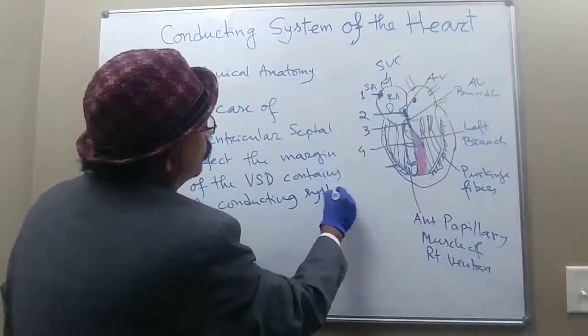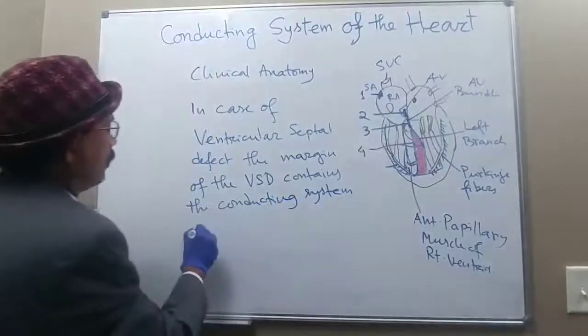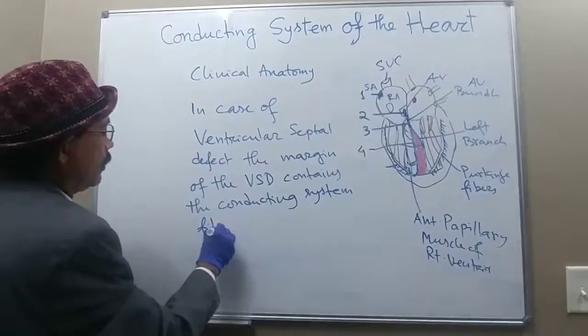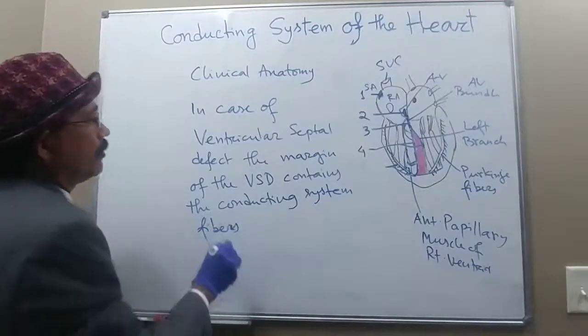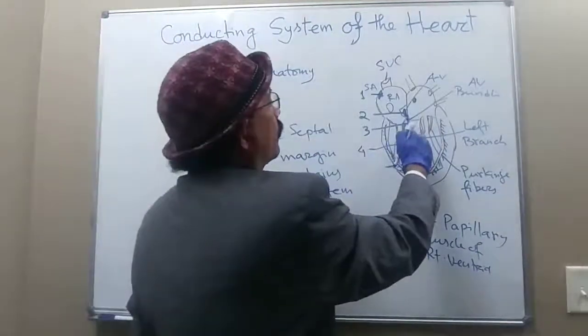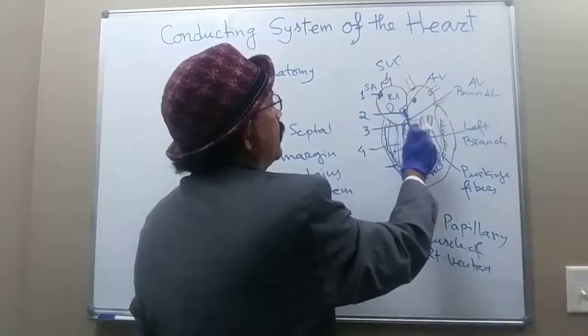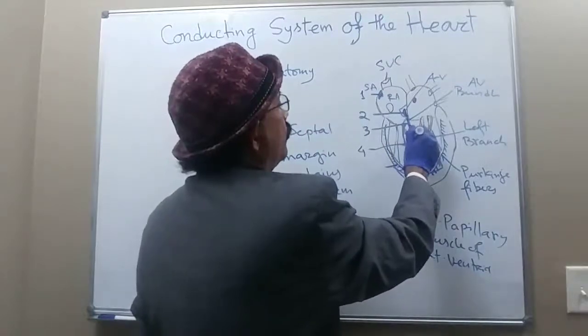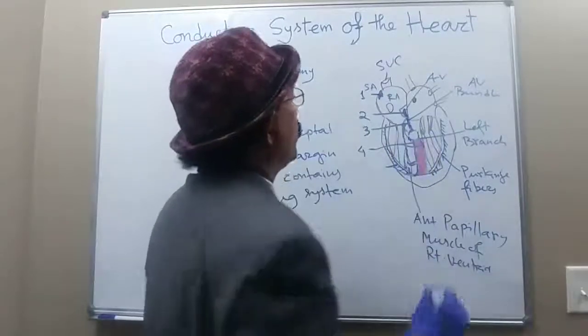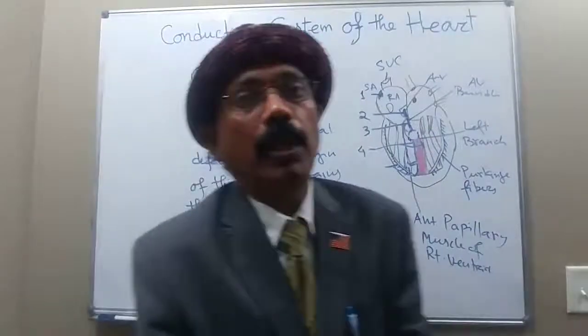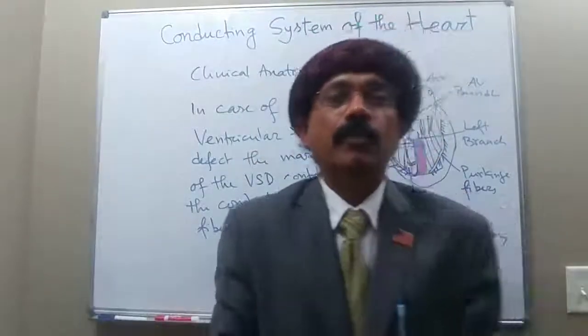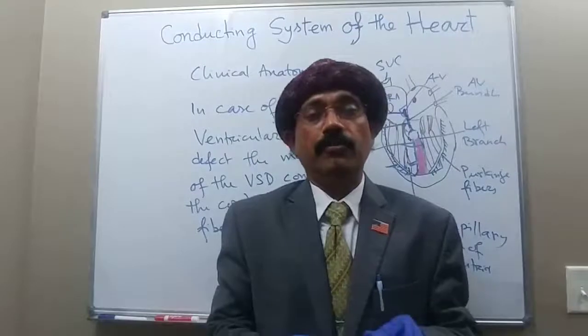Okay, so surgeons should take care of that part. To protect the fibers, if there is a ventricular septal defect here, then at the periphery we may have the fibers. So that's all about the anatomy of the conducting system of the heart.